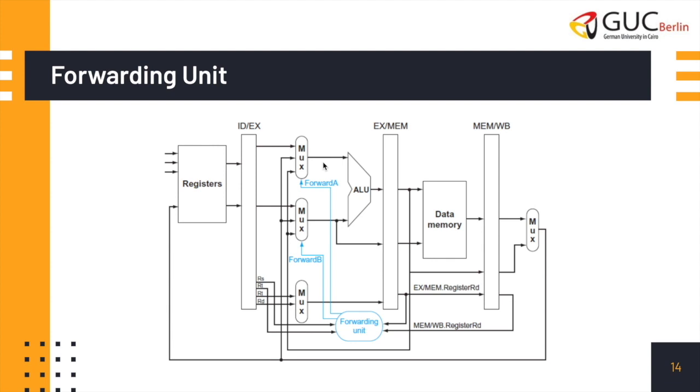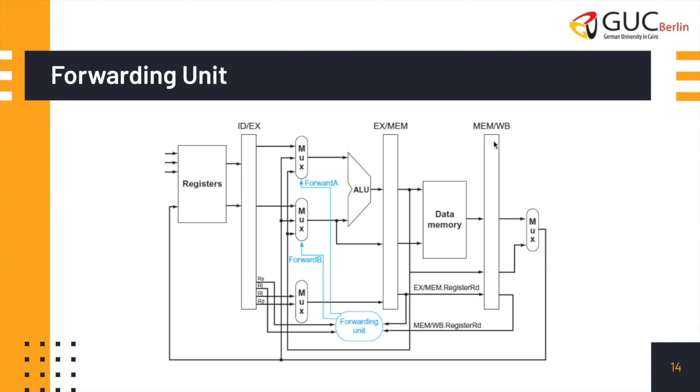So as a recap for forward A, if forward A is 0, 0, then register RS will be the normally decoded value from the register file. I read the value from the register file, stored it in the ID/EX pipeline register, it will be the normal RS value, no forwarding needed. But if I choose 0, 1 for forward A, I need to forward from the mem/write back pipeline register.